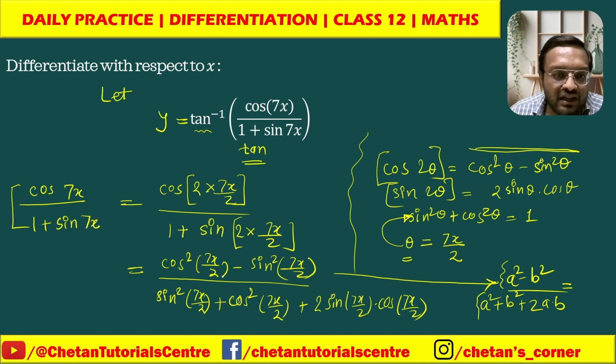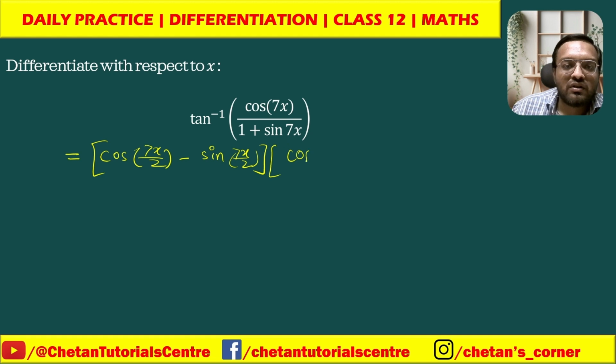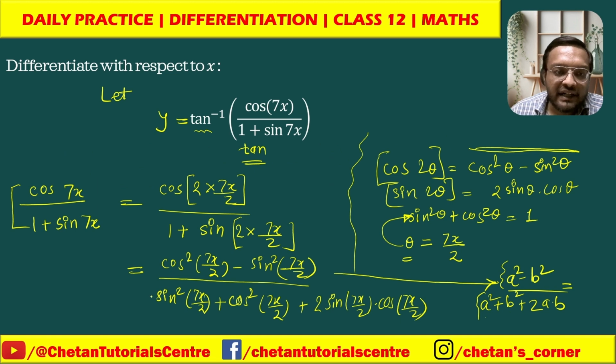This cos square 7x upon 2 minus sin square 7x upon 2 will be written as cos 7x upon 2 minus sin 7x upon 2 into cos 7x upon 2 plus sin 7x upon 2, divided by, in denominator we have sin square 7x upon 2 plus cos square 7x upon 2 plus 2 sin 7x upon 2 into cos 7x upon 2, written in the form of a square plus b square plus 2ab.